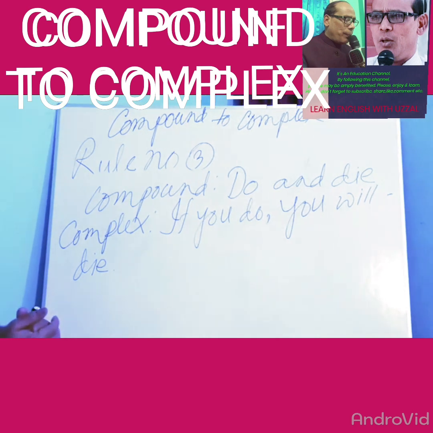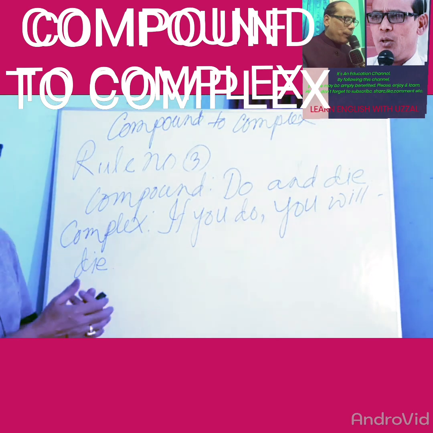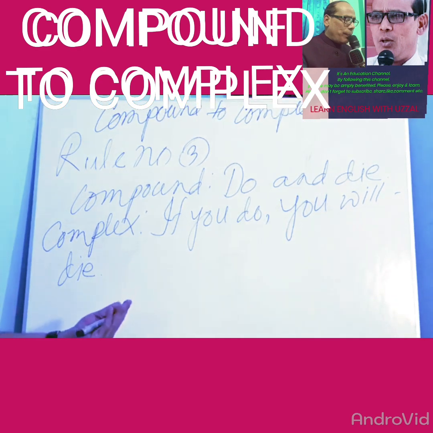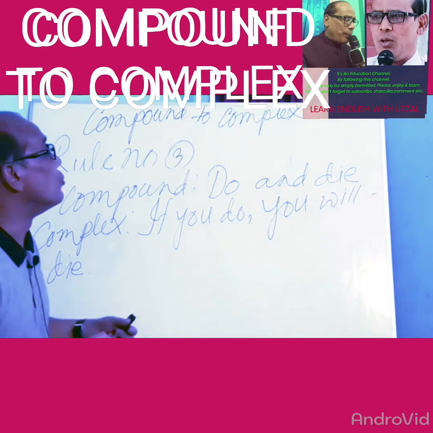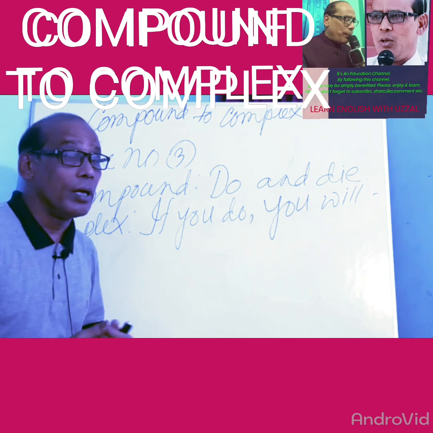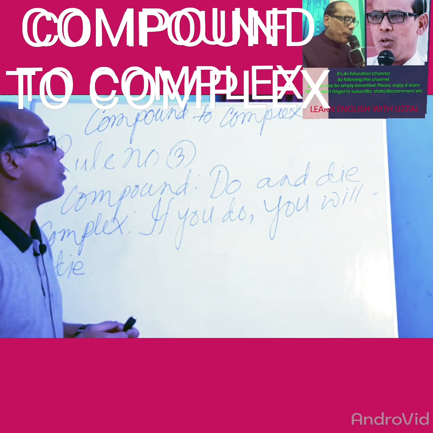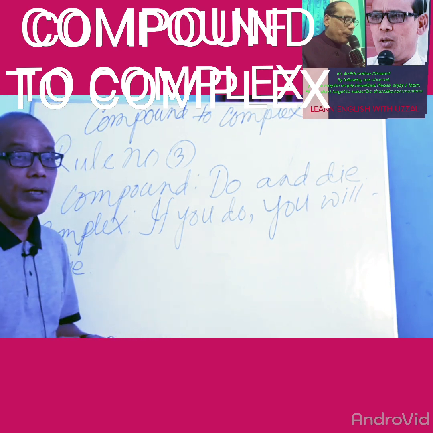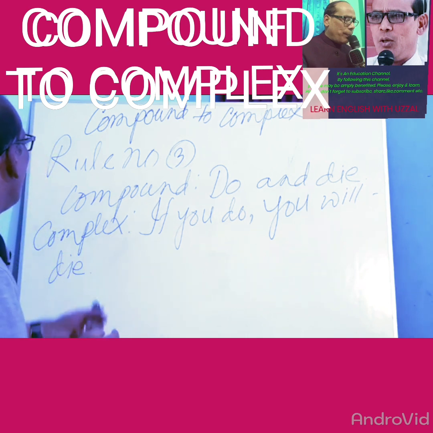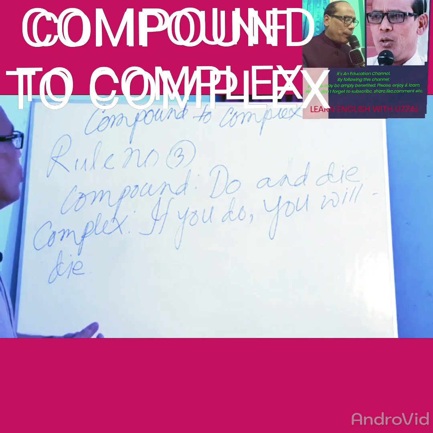If you want to die, you will do this. If you don't want to do this, if you don't want to die, you will not do this. So this is conditional. If you do this, you will die. But many of us do, knowing the bad effect and consequences or result of something, yet we do that. Here, do and die. If you do, you will die.